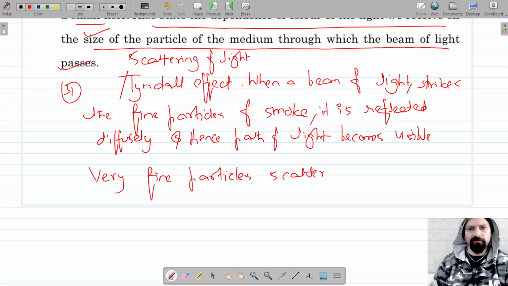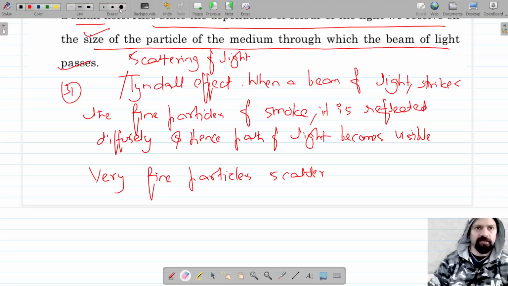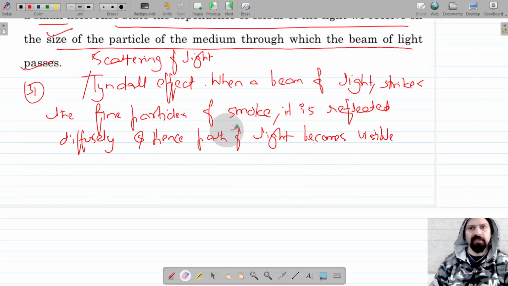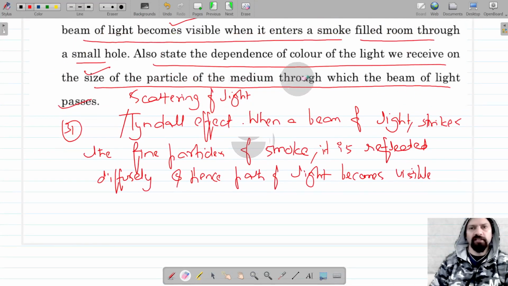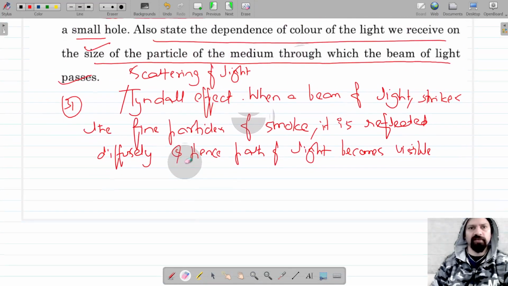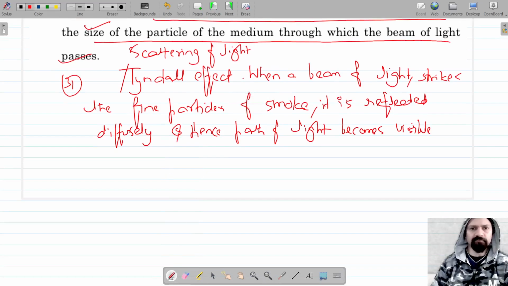Now, the color of the scattered light depends on the size of the scattering particles. We have to mention that here because it's asked to state the dependence of the color of light we receive on the size of the particles of the medium.